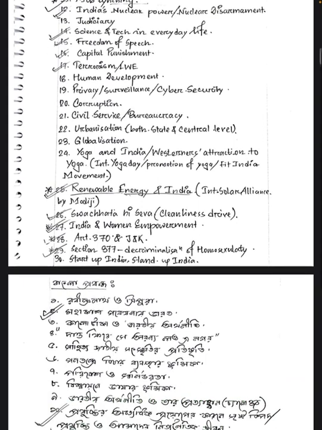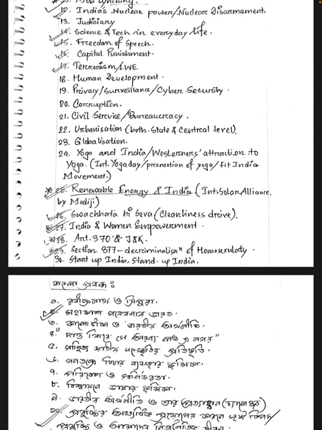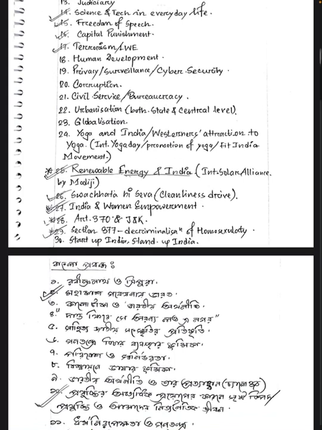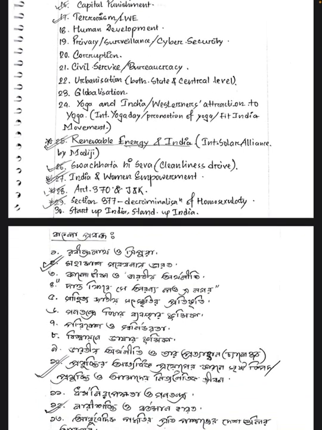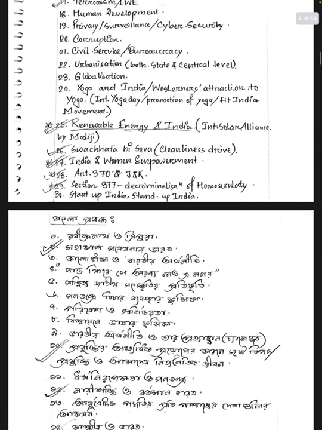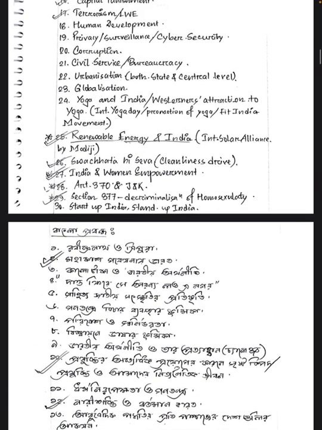terrorism, human development, privacy, surveillance, cyber security, corruption, civil service or bureaucracy, urbanization, both state and central level, globalization, yoga in India, or Westerners' attraction to yoga, International Yoga Day, promotion of yoga, Fit India, basically all things related to yoga.